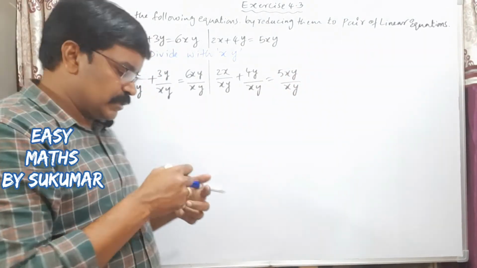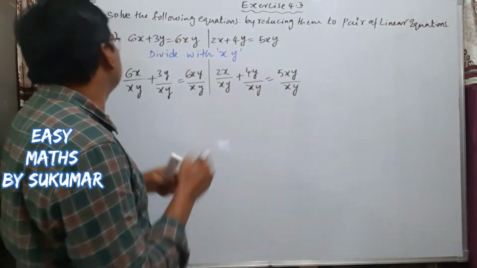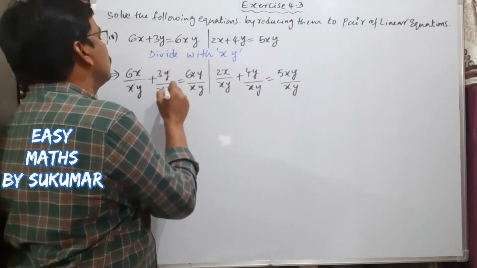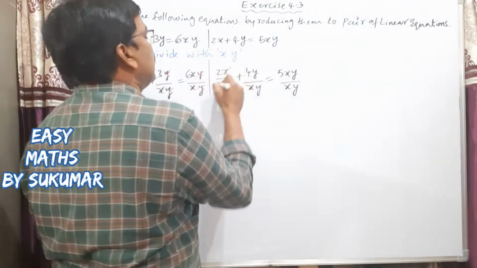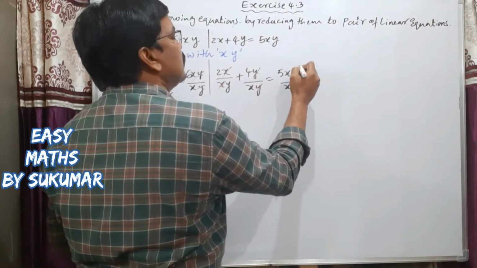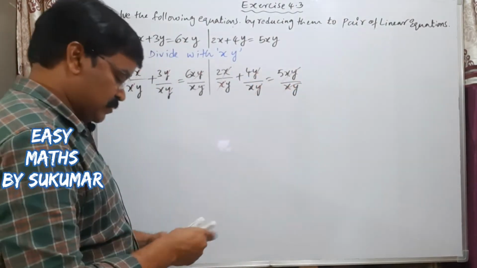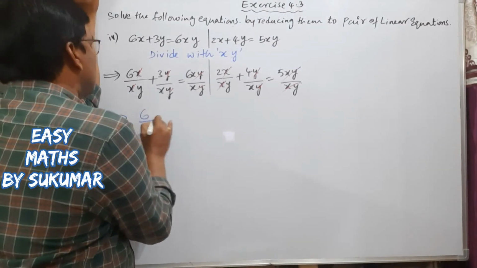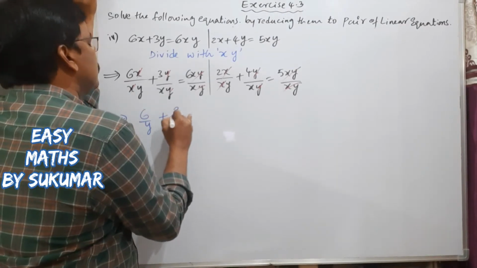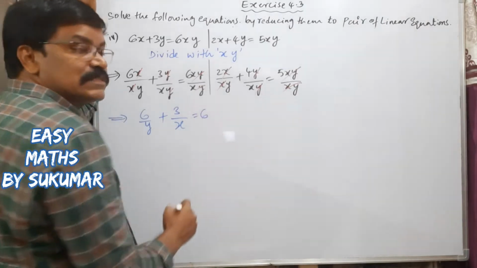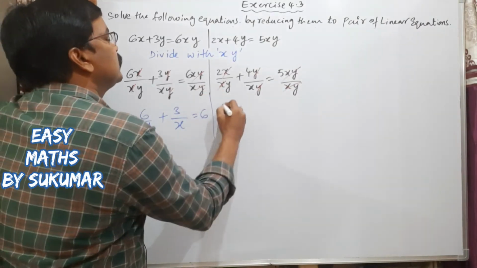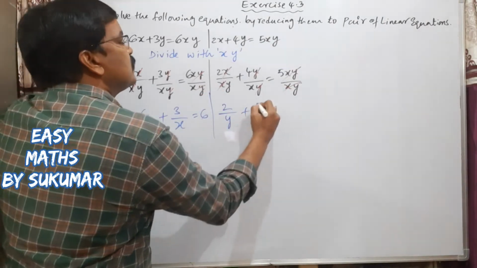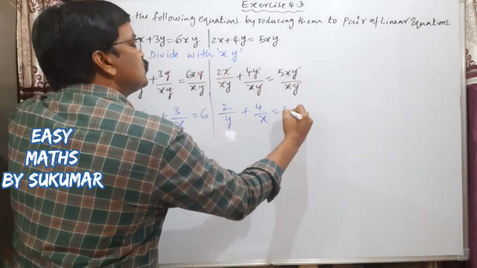Now, my dear students, after cancelling x, y, xy, the new equation is 6 by y plus 3 by x is equal to 6. Similarly, here 2 by y plus 4 by x is equal to 5.